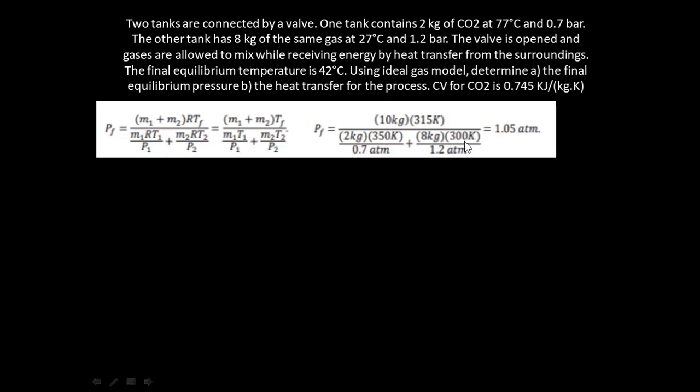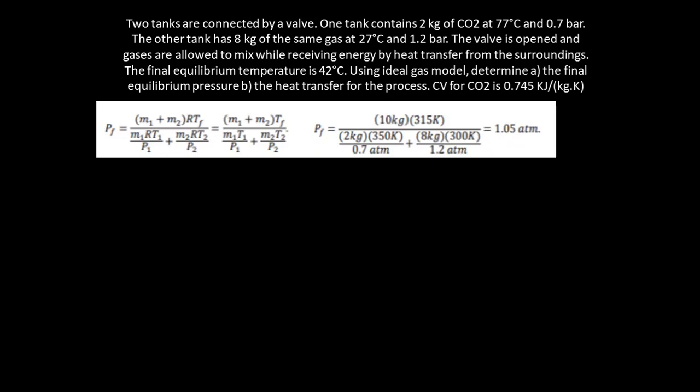Take note, 27 plus 273, that is 300 Kelvin, all over 1.2 atmospheres. Now, if we're going to further simplify this, the final pressure for letter A gives us an answer of 1.05 atmospheres.